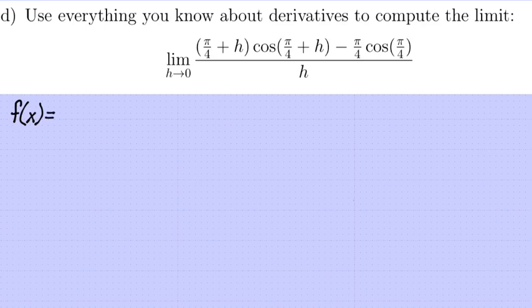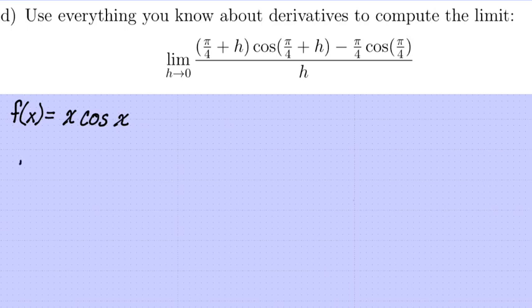What would the function be? Is it like the sine of x? Not sine. Because remember, the limit definition of derivative is f of x, not f prime of x. So just cosine of x? Close, but that pi over 4 in front, what's it doing? It's going to be x. X cosine of x. Or x secant x.